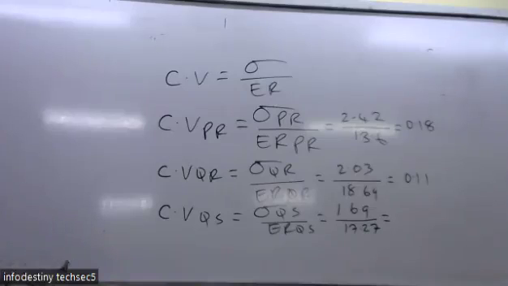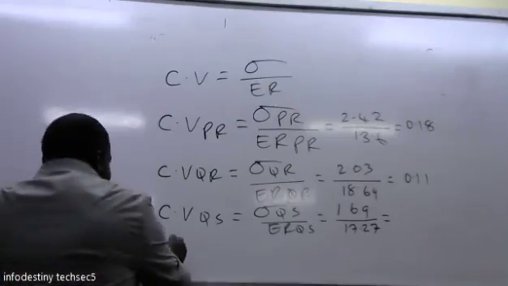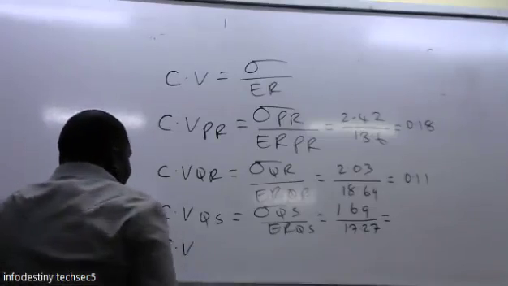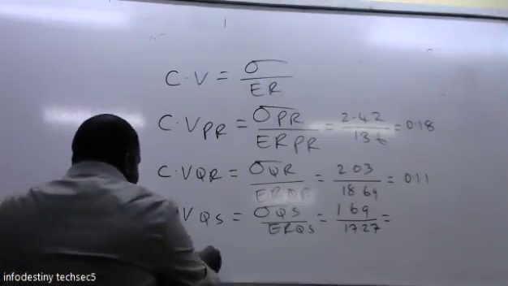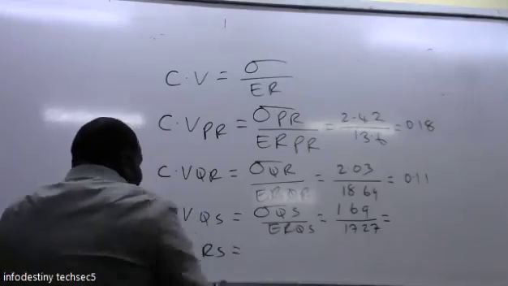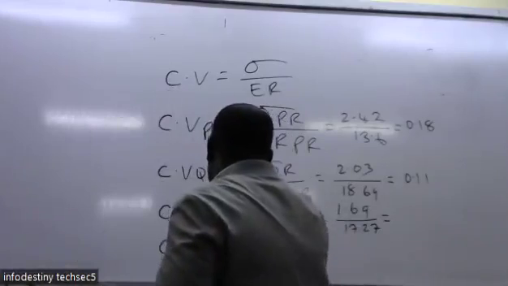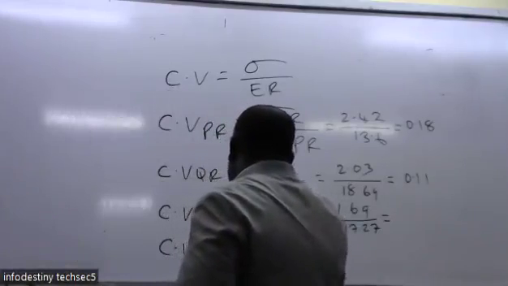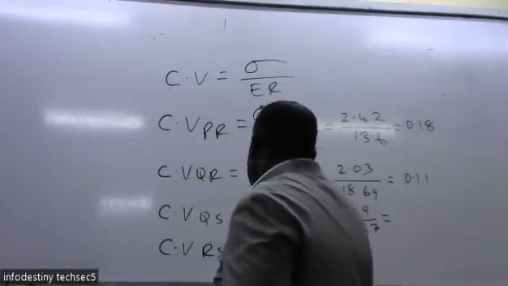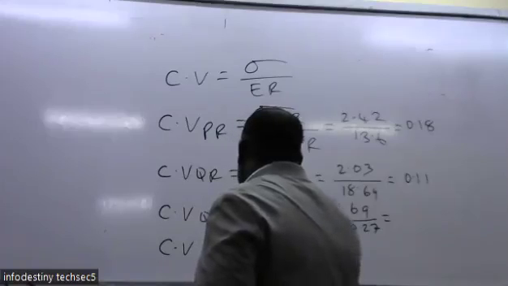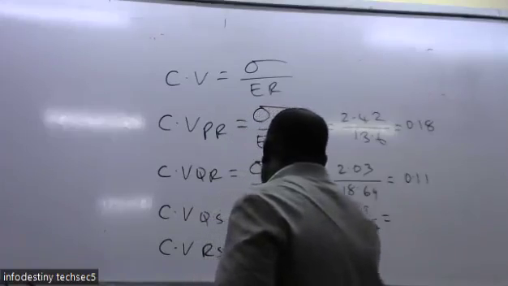And the last combination was RS. Even this one, you get the standard deviation of RS, then divide by the expected return of RS.